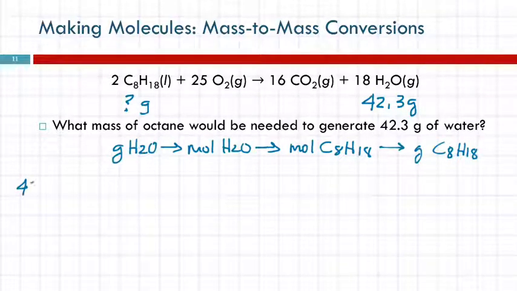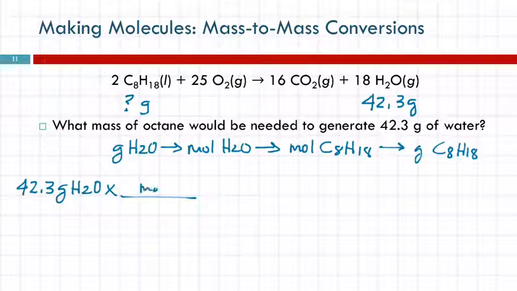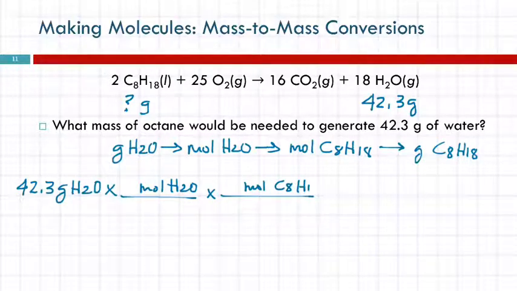Okay, so 42.3 grams of water times and a line. So the next unit is moles of water times and a line. The next unit is moles of octane times in a line, grams of octane.